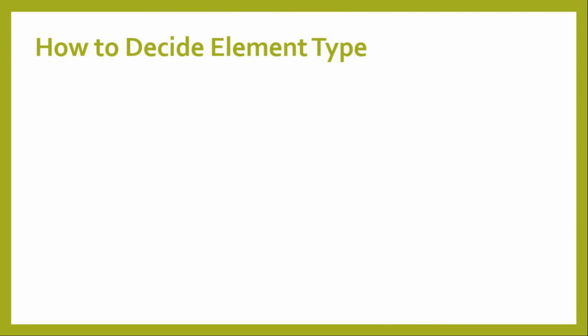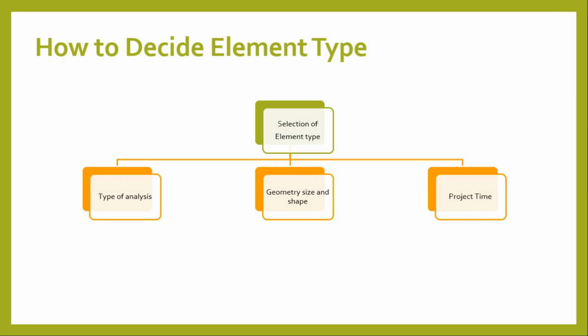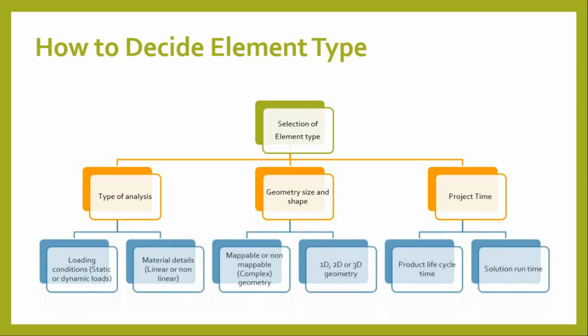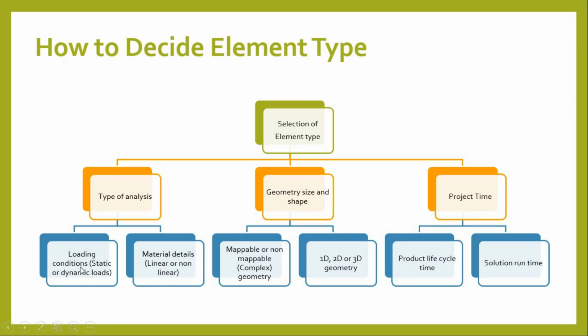Now once your element type is to be selected, one thing will come to mind: how to decide the element type. There are a few things based on which you can define the element. Three major things: type of analysis, your geometry size and shape, as well as your project time. When we talk about type of analysis, there are loading conditions, whether static or dynamic load, and the material details, whether linear or non-linear material. Linear is like your steel, and non-linear materials are like plastics and non-metals.